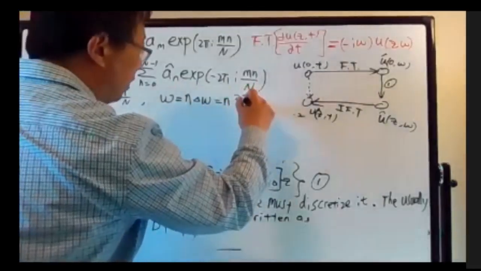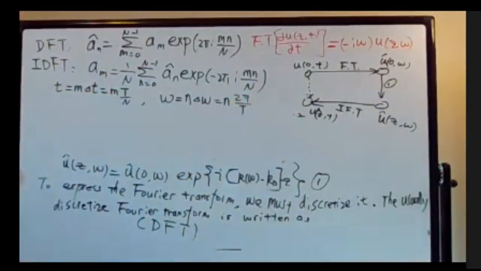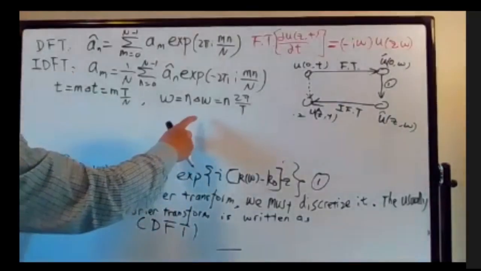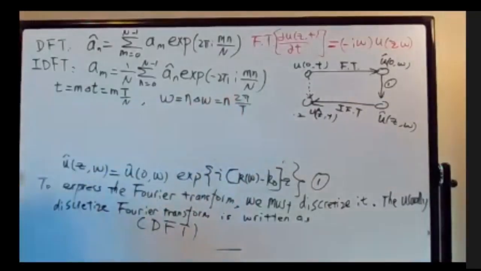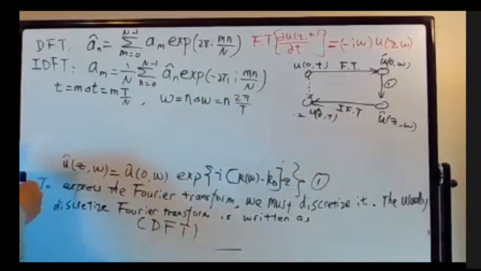What is delta f? f is 1 over t, so delta f is 1 over capital T, where capital T is the time window. So delta omega is 2 pi over capital T. That actually is the same as the Fourier transform, right?